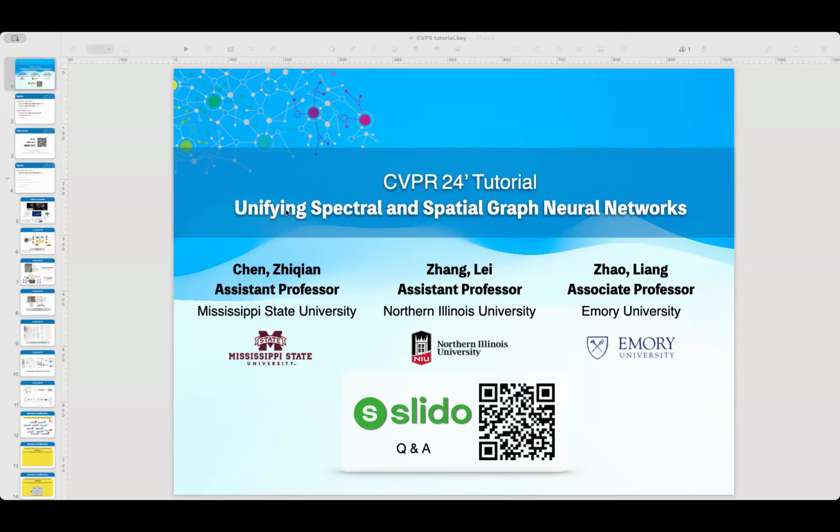So the last component I want to talk about in more detail is the spectral and spatial perspective. I guess many of you should be familiar with word2vec, right? Can you put your hands up if you're familiar with that, or just use it? It's a famous work.